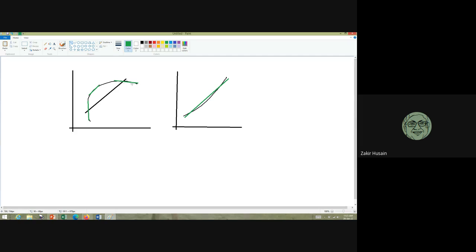So if you look at the entire system, it's non-linear and we cannot approximate it with a linear equation system, or in this case with a straight line. But if you look at segments, they can be modeled using a straight line.